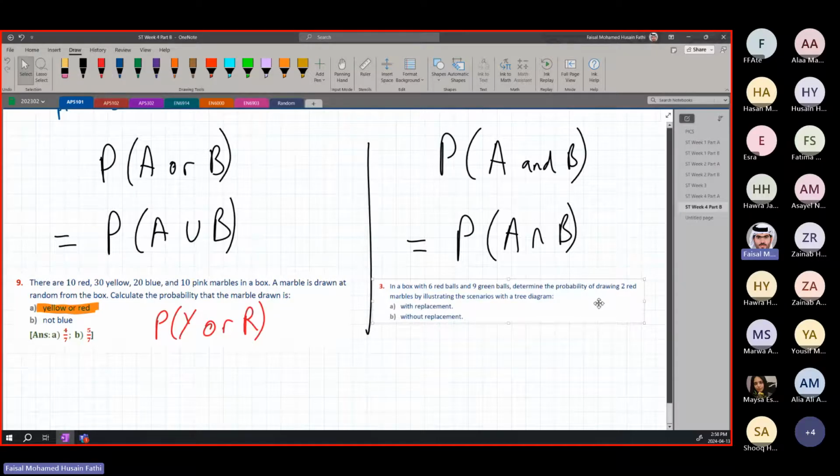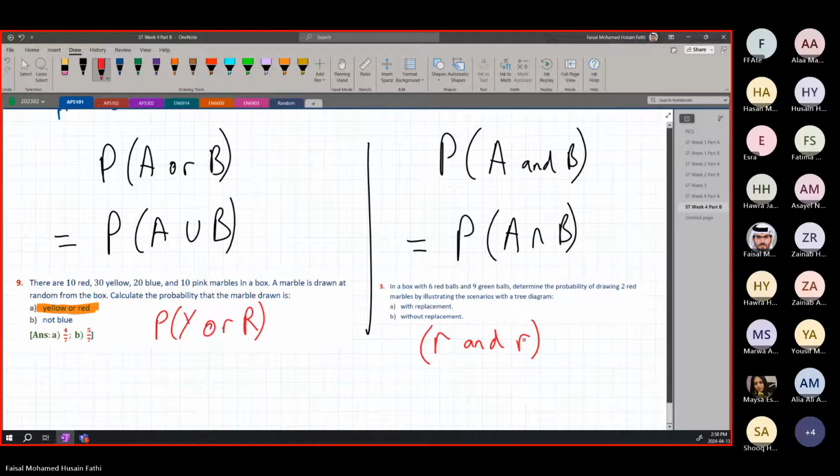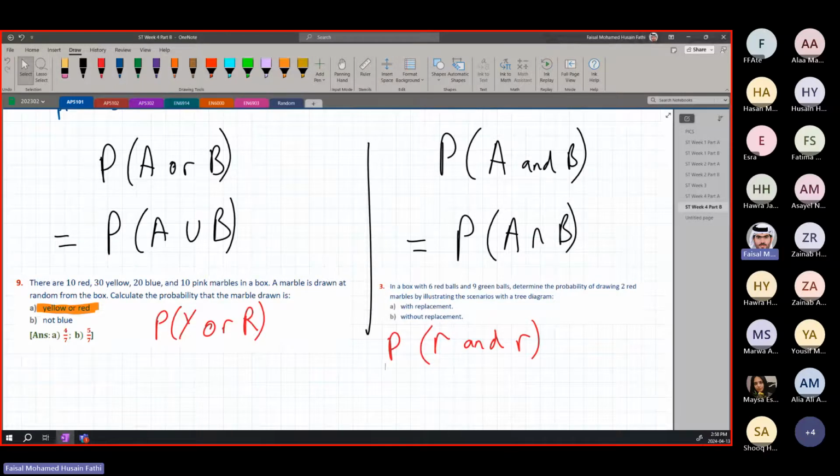In this other case, they are saying determine the probability of drawing two red marbles, meaning that you are going to draw a red marble and another red marble. You're going to be able to find it from the meaning of the question. In the first question, it mentions calculate the probability you draw a yellow or a red marble. Here, you are drawing two red marbles in a row, so you have a red marble and another red marble, and we're going to have both of these.